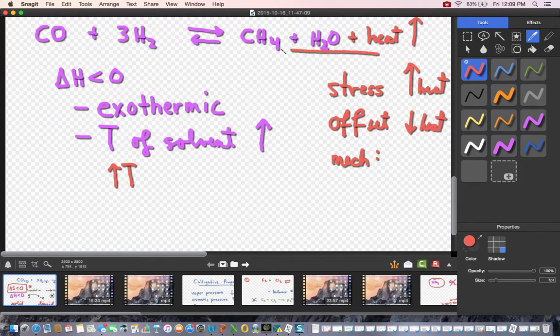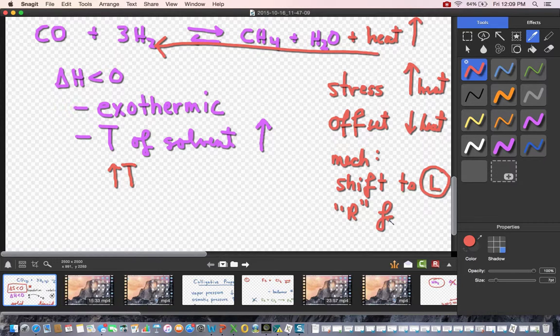I favor the side where heat is not present. In the case of an exothermic reaction, it will favor reactants. We call this a shift to the left. We could also call it reactant favored.